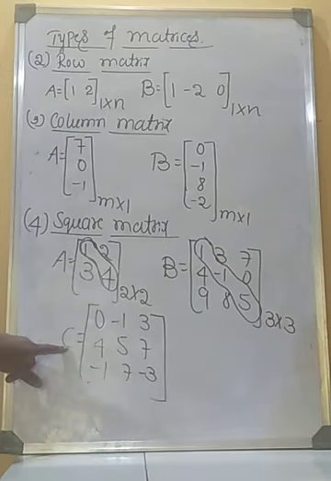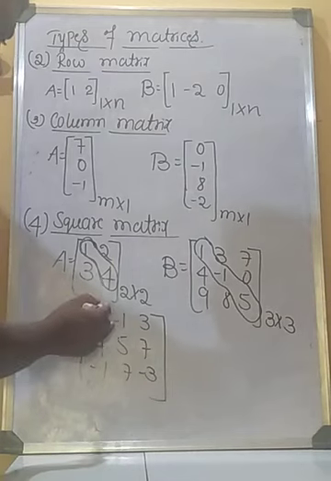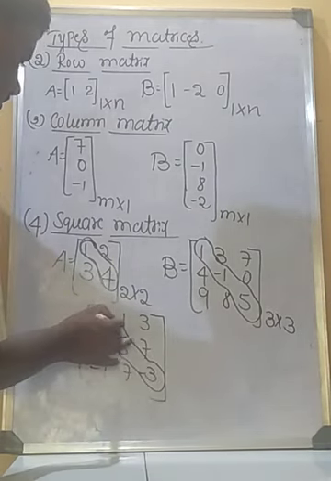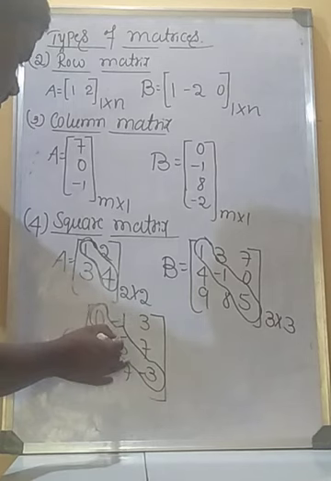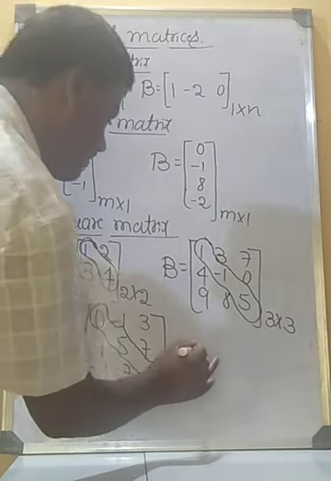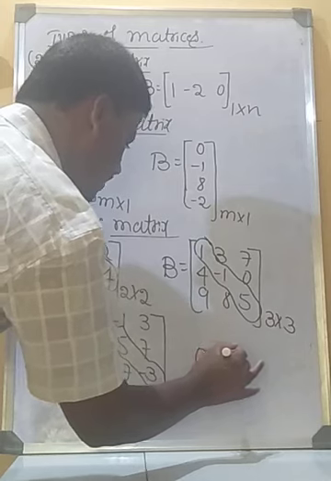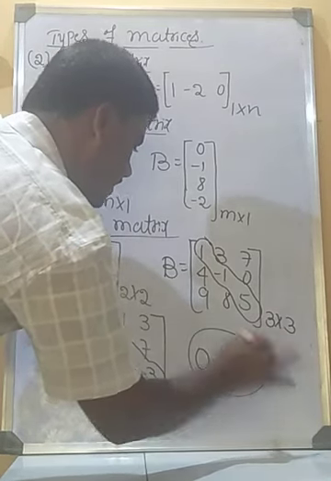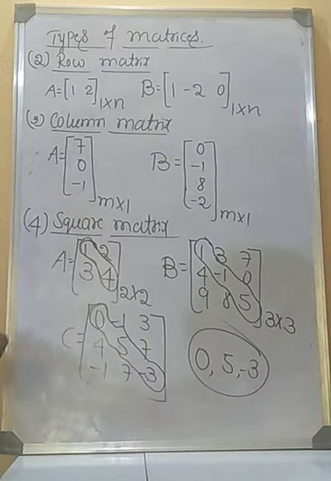In square matrix C, the principal diagonal elements are 0, 5, -3.